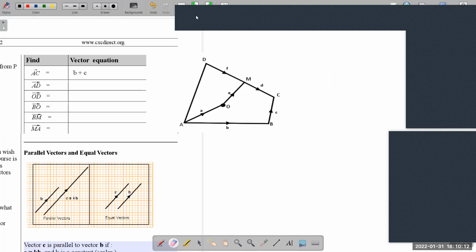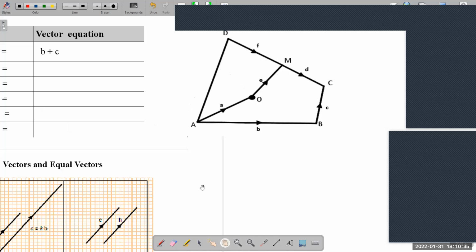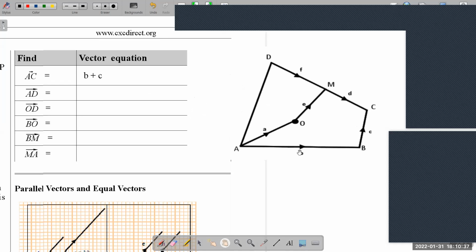So I asked you guys to finish this for homework. Not sure if you did get a chance to, but we're gonna jump into it. Based on what we did last class, we understand that a vector is just a movement from a beginning point to an end point. So if we look at this example here, let me zoom in a little bit more. We're looking at this diagram that has vectors.